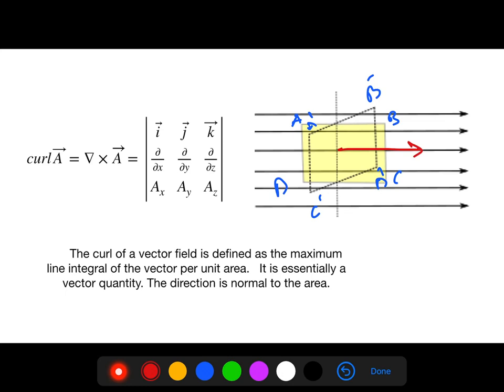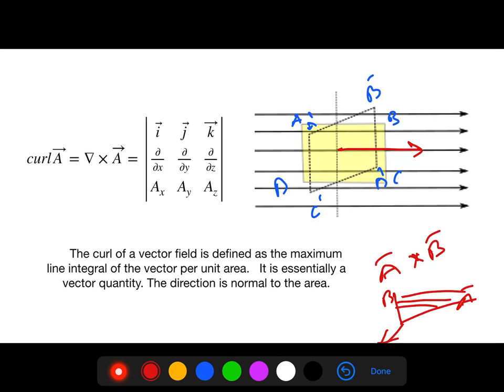That means it should be perpendicular, as it is a cross product. Suppose we have the cross product A bar cross B bar, where there is A bar and B bar. The resultant vector is perpendicular to the plane of A bar and B bar.